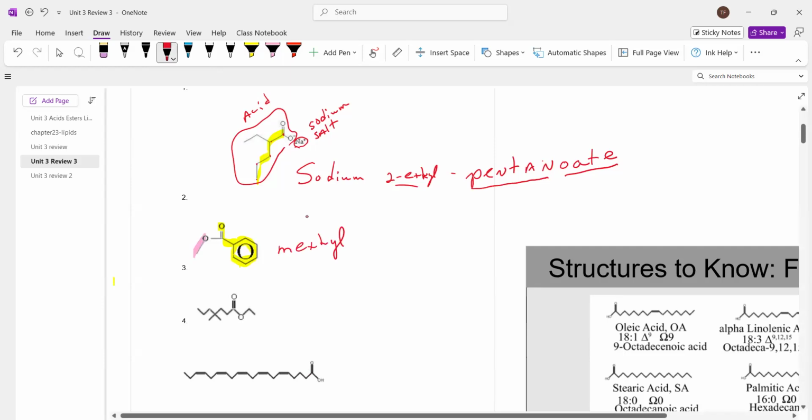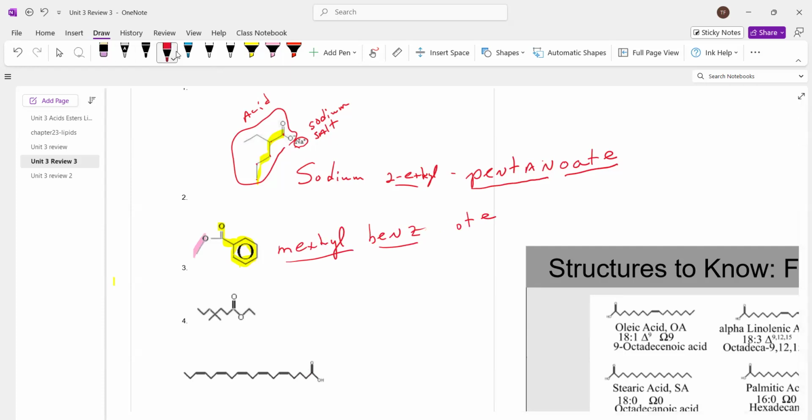And this is based on benzoic acid, so it's methyl benzoate.